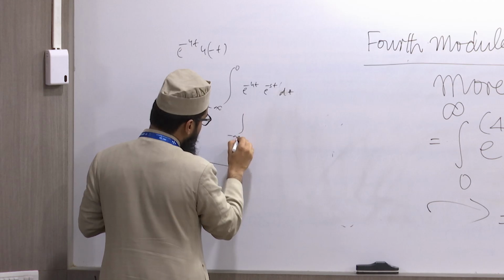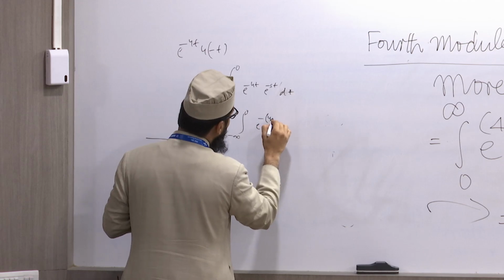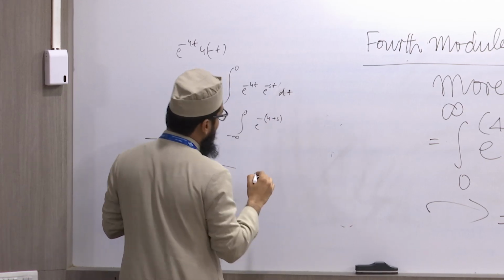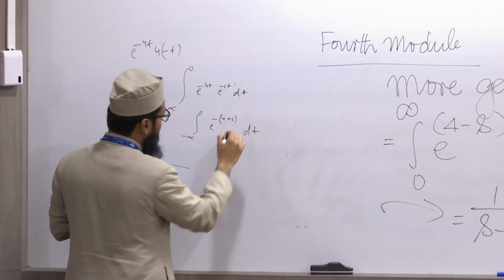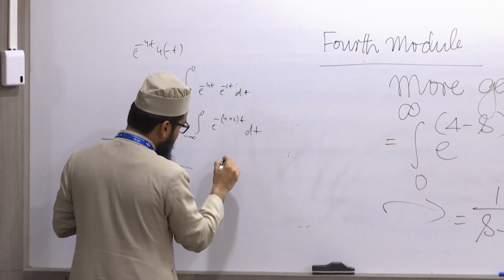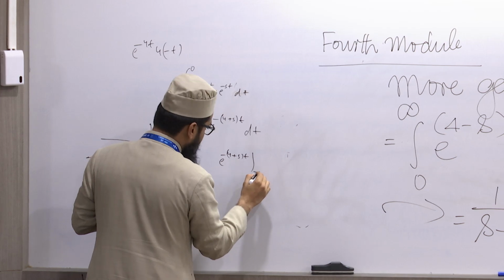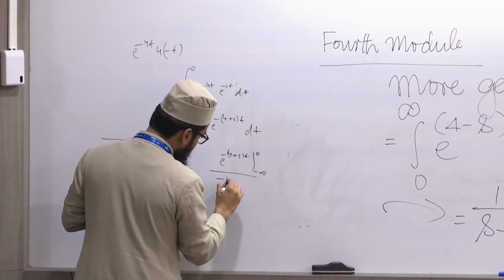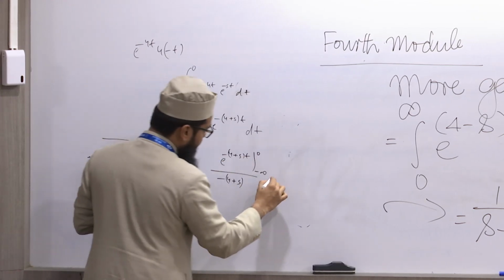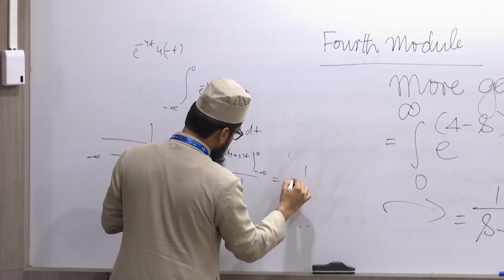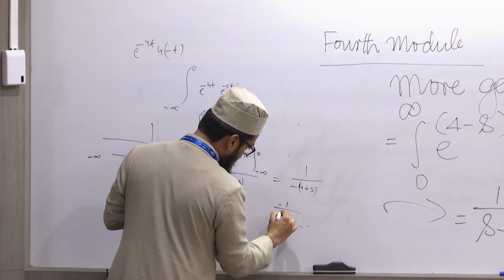So we get the integral from minus infinity to 0 of e to the power minus (4 plus s) t dt. Then we have e to the power minus (4 plus s) t, with limits minus infinity to 0, upon minus (4 plus s). When it's 0, we get 1 over minus (4 plus s), so it will be minus 1 upon s plus 4.